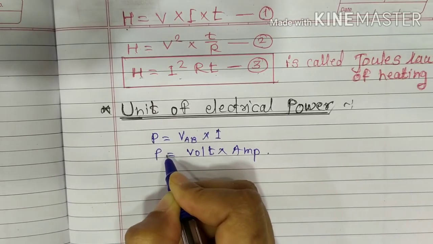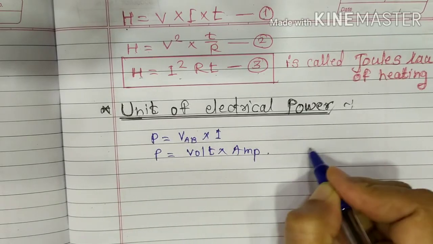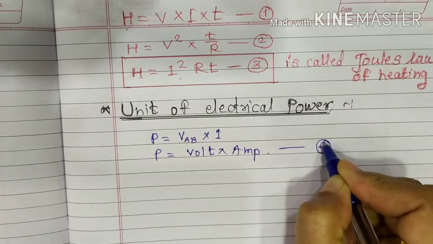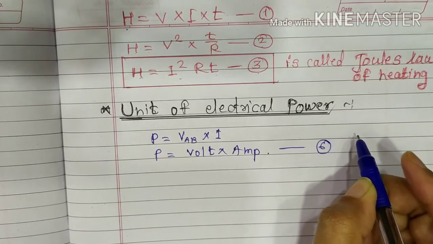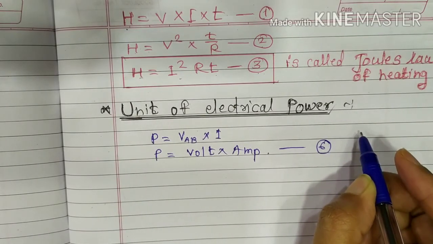So P is equal to volt into ampere. This is equation number 6. Then 1 volt into 1 ampere.